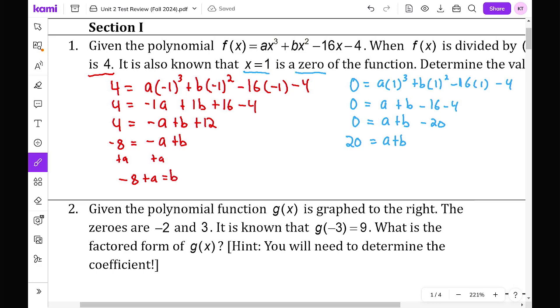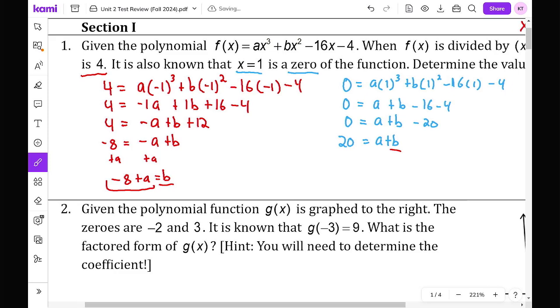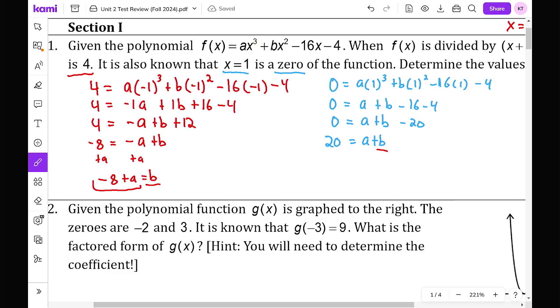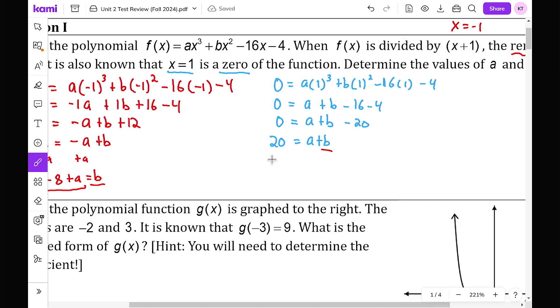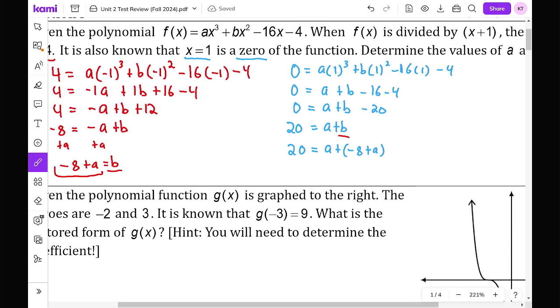And so now that I know that this is equal to one of the variables, b, I'm going to take negative 8 plus a and plug it in for b in my second equation. So when I go ahead and do that, I'll have 20 now is going to equal a plus, like I said, negative 8 plus a, and then I'll go ahead and simplify that.